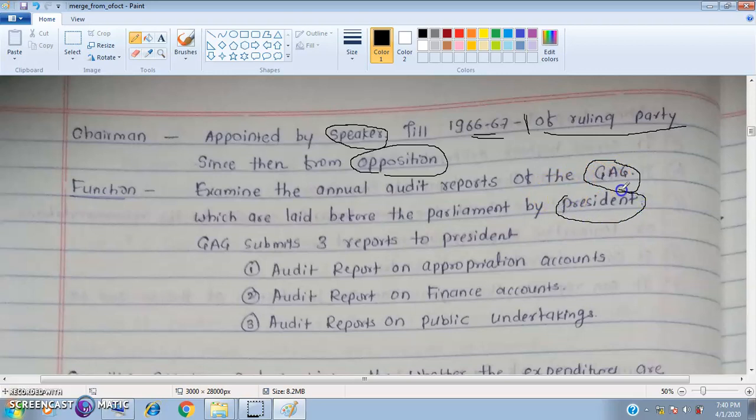The President is the person who lays the report of CAG before the Parliament. CAG submits generally 3 reports to the Parliament, and this committee, the Public Accounts Committee, examines these reports. The first being the audit report on appropriation accounts, second the audit report on finance accounts. We will be seeing in detail in the economics section the exact difference between appropriation accounts and finance accounts. And third being audit reports on public undertakings.